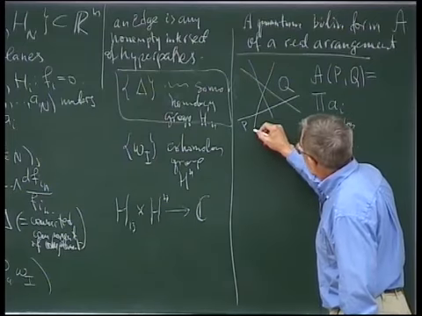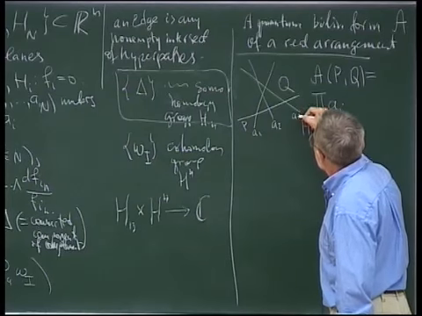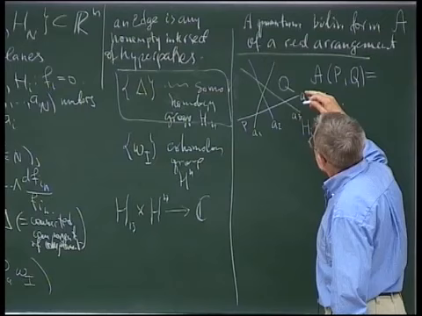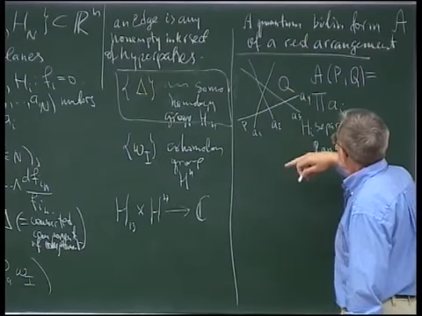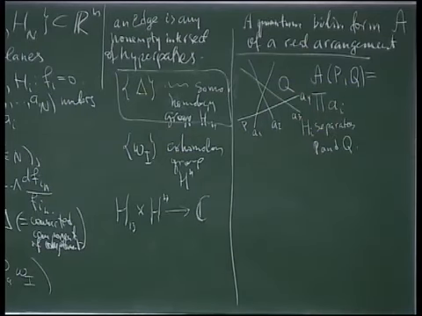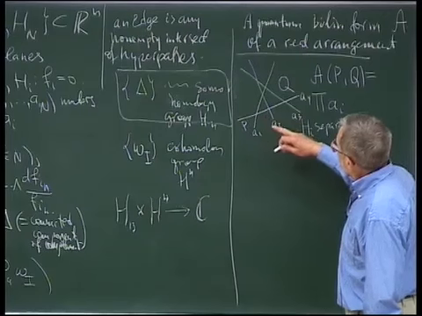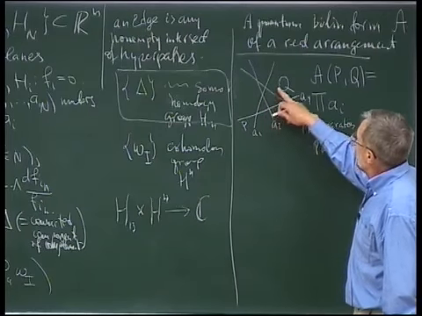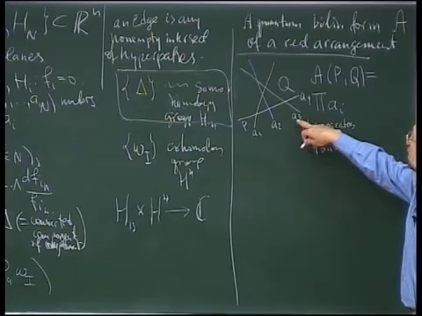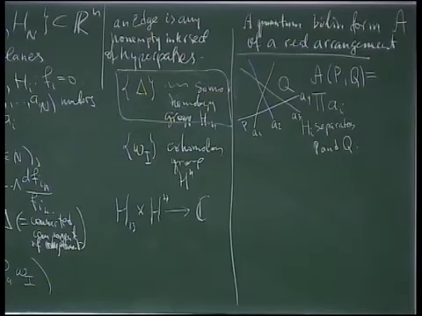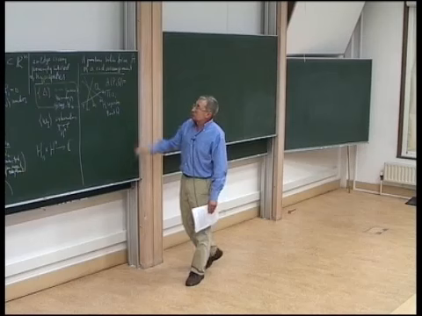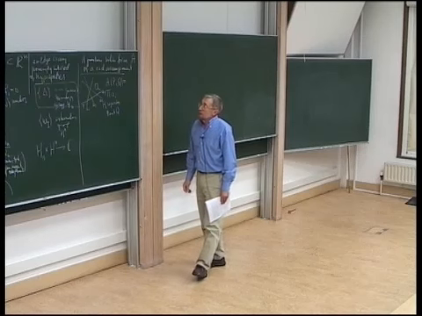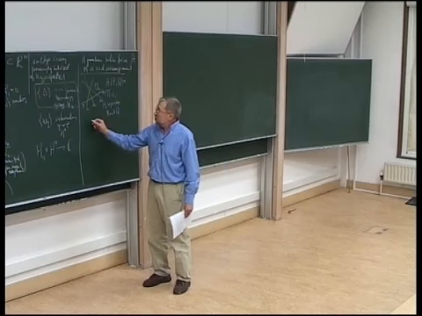Assume that this will be A1, A2, A3, A4. Here, every hyperplane separates those two. So in this example, it will be the product of all four factors. But say if I take this domain and that domain, then it will be separated only by A3, and in that case, it will be just A3. You can think about them as numbers or as some variables. And this will be a bilinear form.